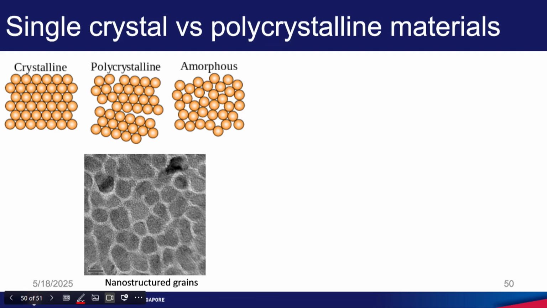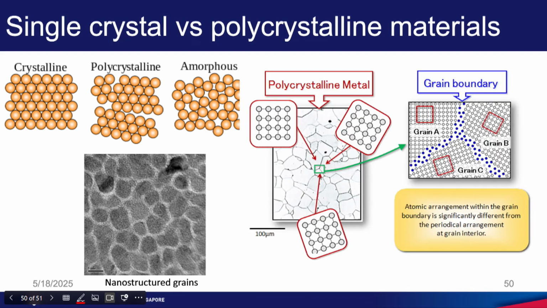So, in this picture, except the white region, all the other regions are grains, tiny crystals like this. Basically, polycrystalline materials will have many tiny regions. In each region there will be a periodic arrangement of atoms, and there will be some grain boundaries. These are the boundaries between the grains.